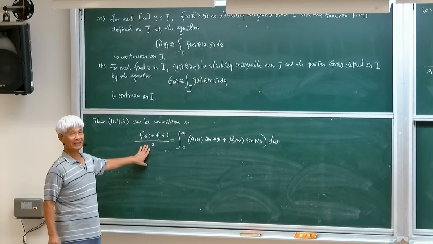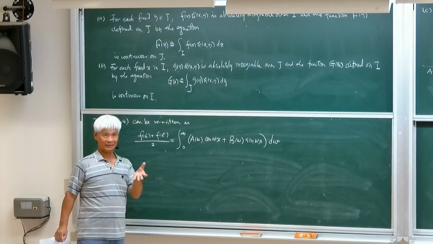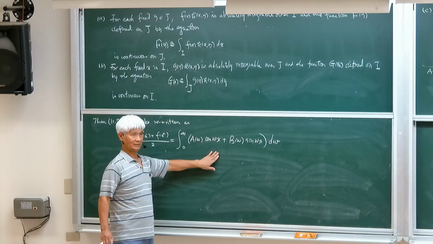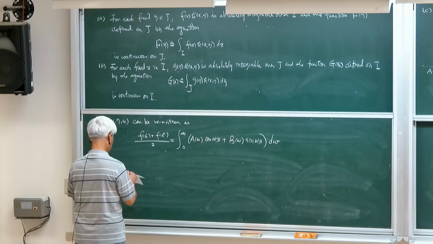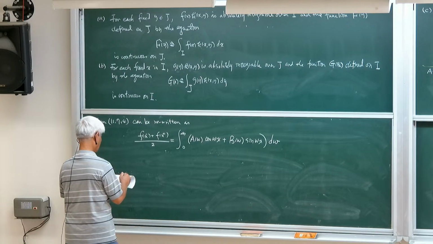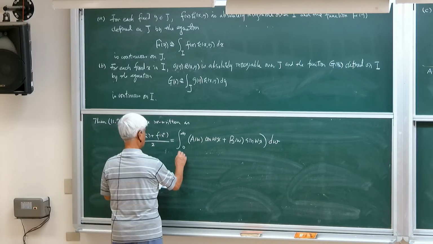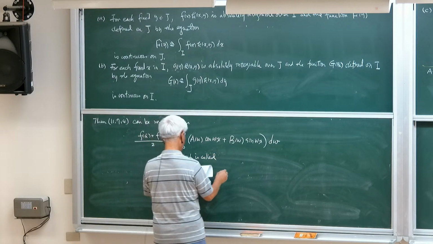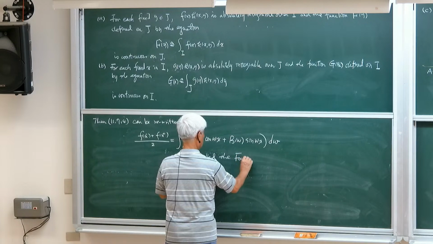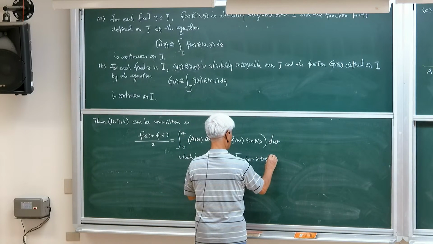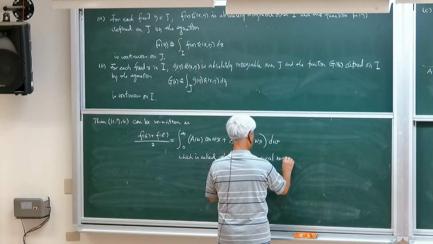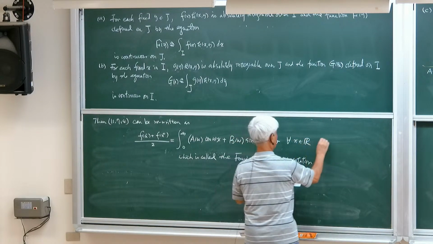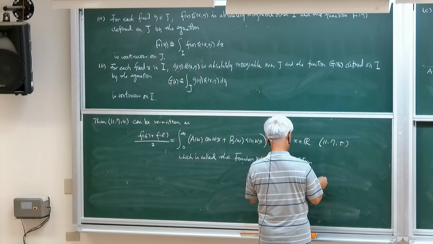So now we can recover basically the function value at every point by using such an integral representation, which is called the Fourier integral representation of f of x.